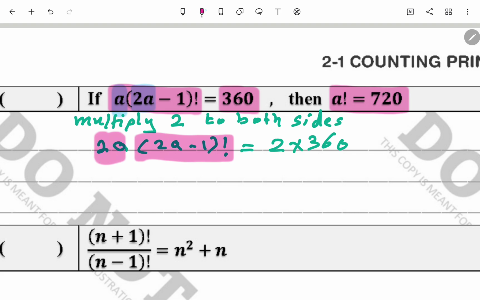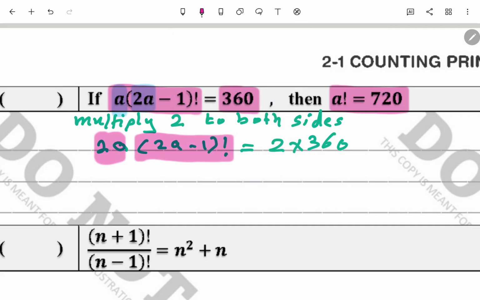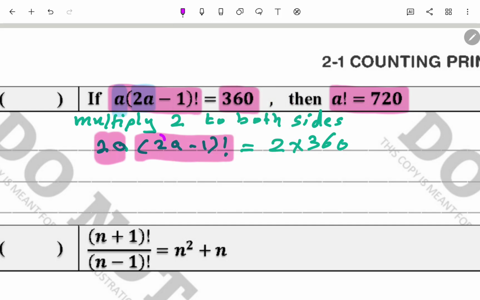So that means we are going to get only the biggest one, like this. This will get inside it and disappear. So we will only have 2a with the factorial, which is the biggest fish that appears, and the others will disappear. That all will give you 720, which will be 6 factorial.